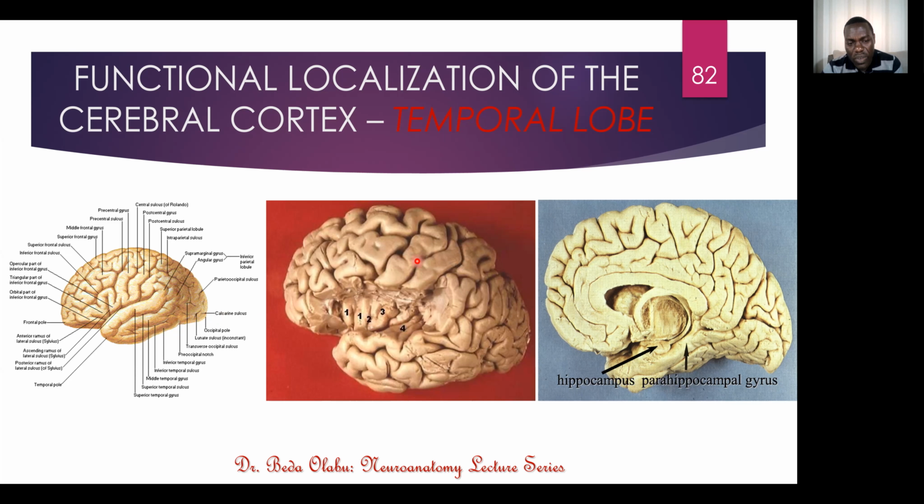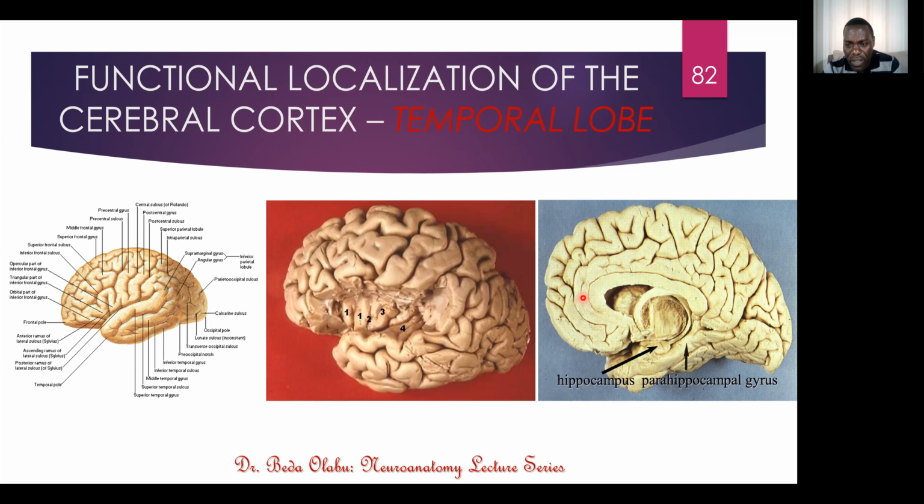Now, this is when we look at the temporal lobe from the lateral aspect. How about if you look at the temporal lobe from the medial aspect of the hemisphere? 2 other gyri we'll see. There's this one here, which we call the parahippocampus, or the parahippocampal gyrus. Parahippocampal gyrus, followed well, will extend into this gyrus, which we called earlier on the cingulate gyrus.